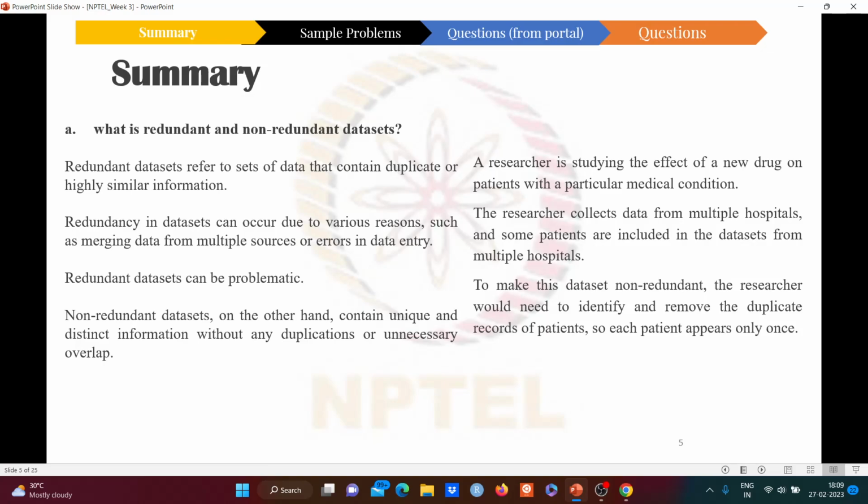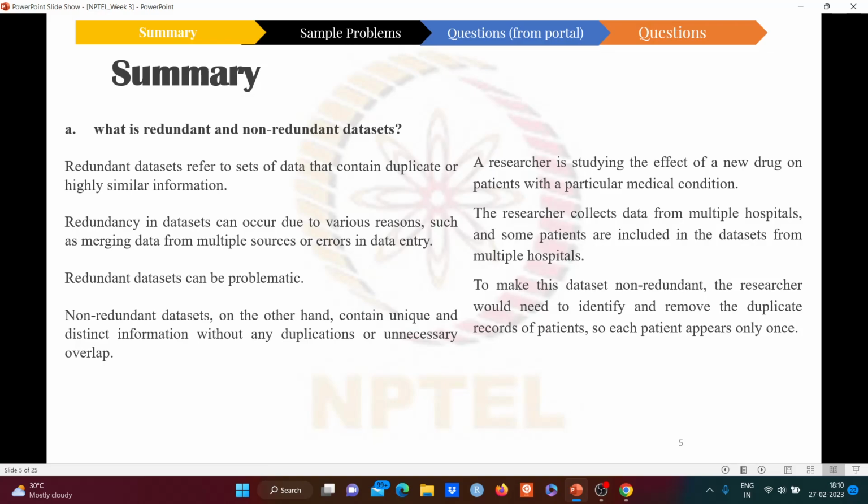For example, we can take the customer database of a particular restaurant and another database from a shopping mall or any other restaurant, and we see some common people who are customers of both. When these two databases are combined, some customers are included in both, resulting in duplicate records. So this combined database with duplicate records is called a redundant set.